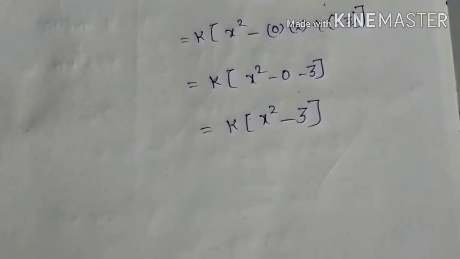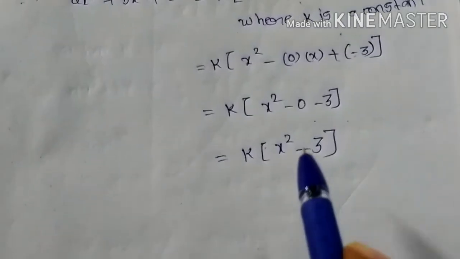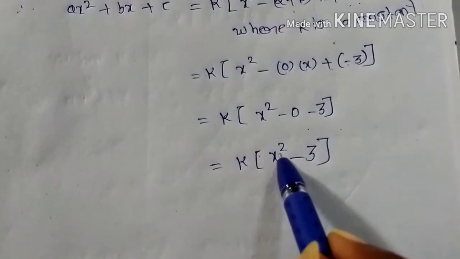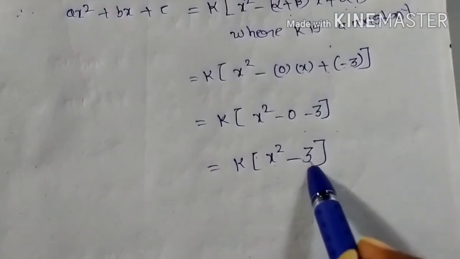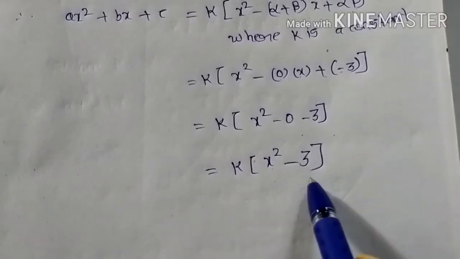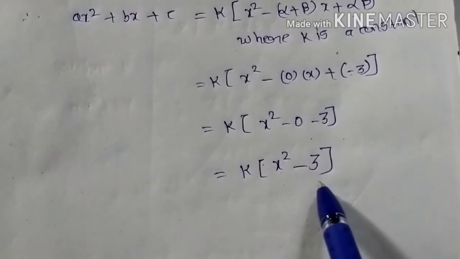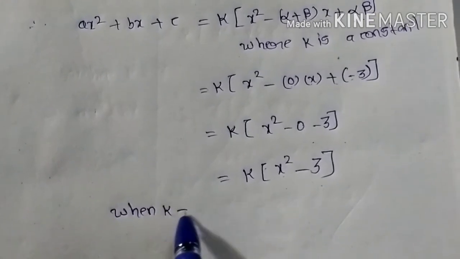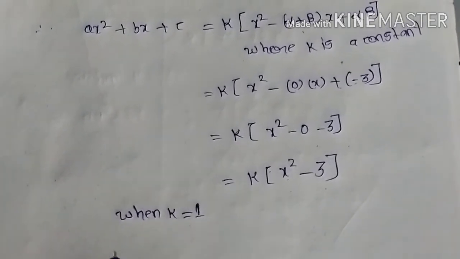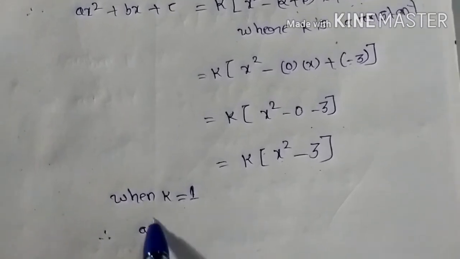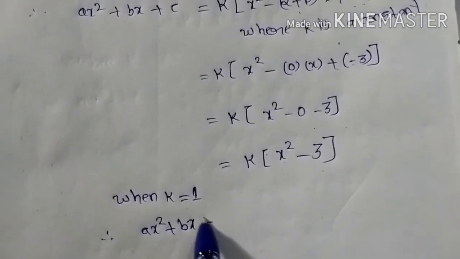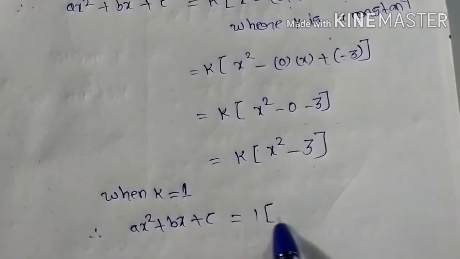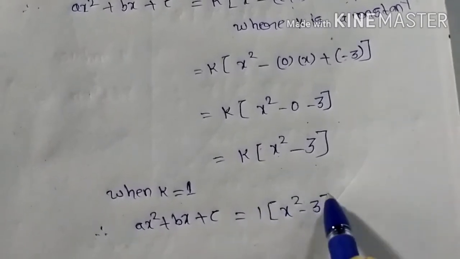Once you look here, see, x square means x square by 1, and minus 3 means 3 by 1. That means both are having denominator 1 only, or not? Yes, you can write when k is equal to 1, x square plus bx plus c is equal to 1 into x square minus 3.